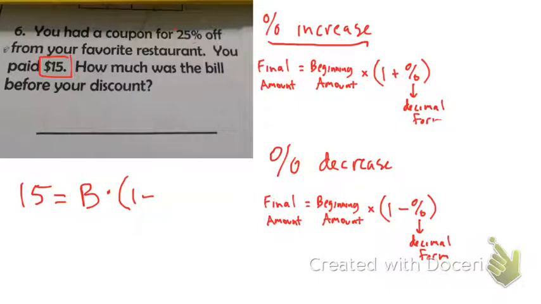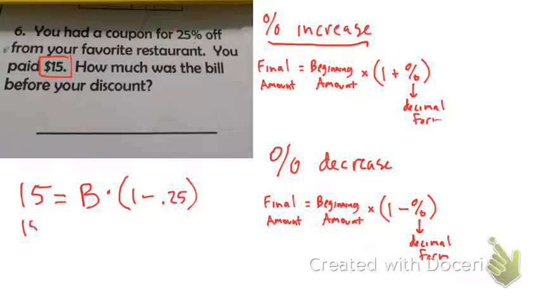To do that, you take 25% and move the decimal back twice. So my percentage in decimal form is really 0.25. Okay?